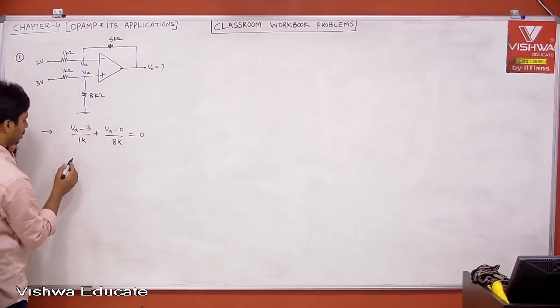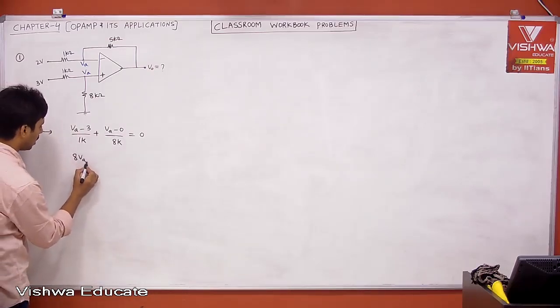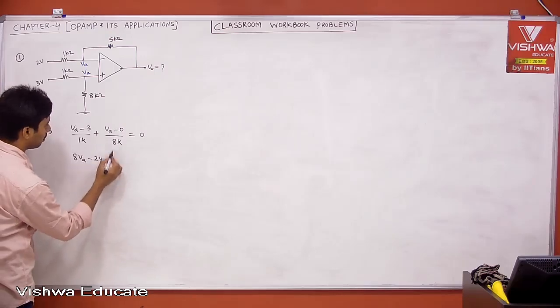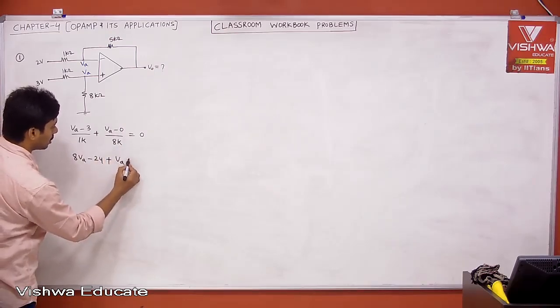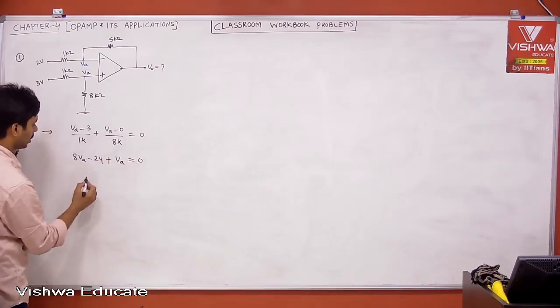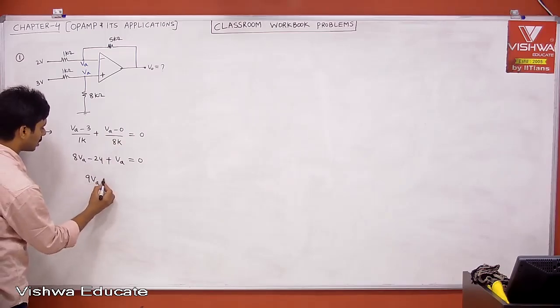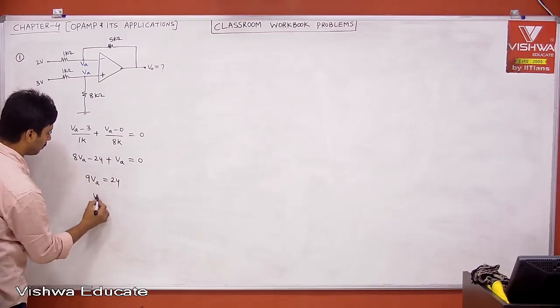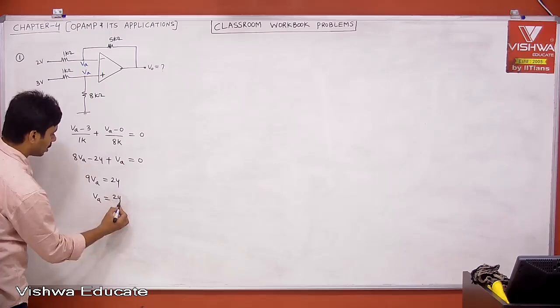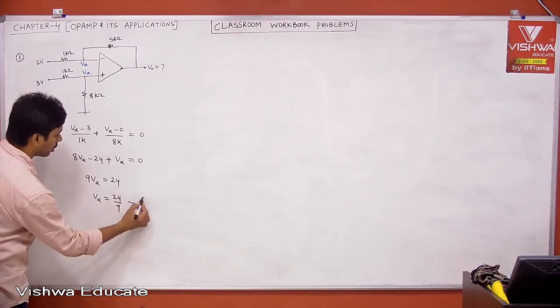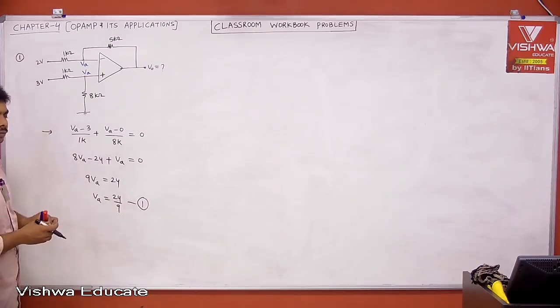Multiply with 8. Then 8 VA minus 24 plus VA is equal to 0. Then it is nothing but 9 VA is equal to 24. VA is equal to 24 by 9. You can call this as equation 1. Okay.